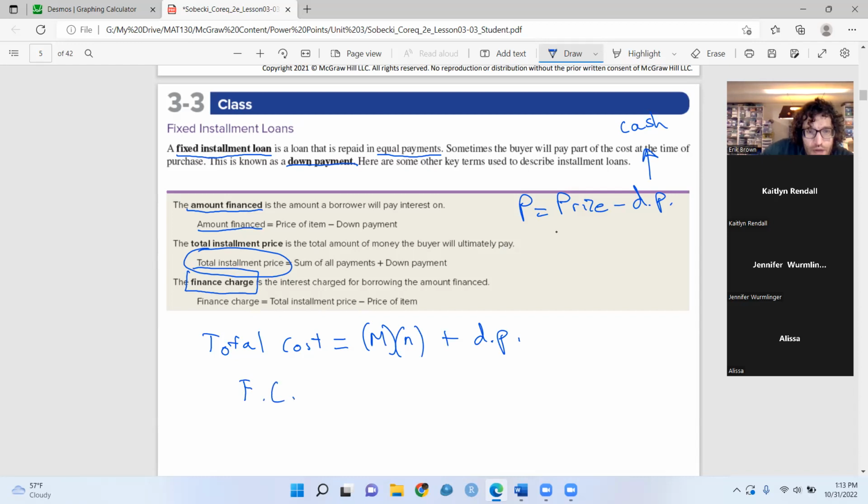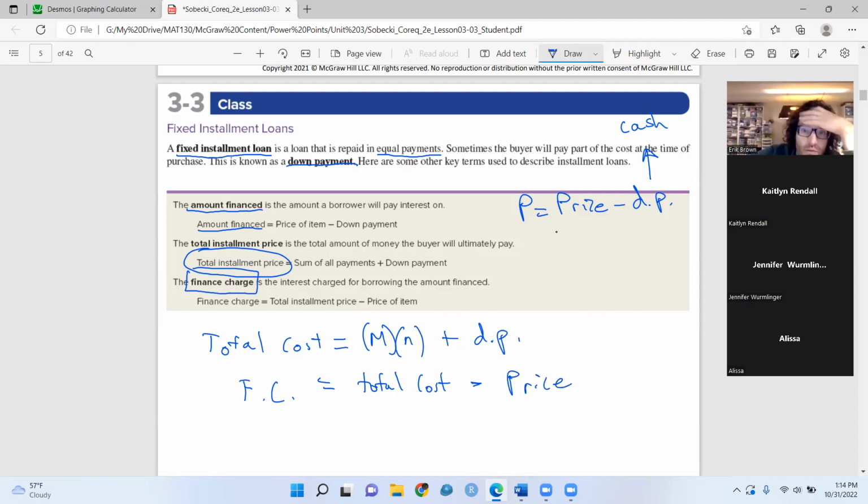It's the total cost that we calculated here minus the price. There's another way to calculate it, and I'll show you that in a second.